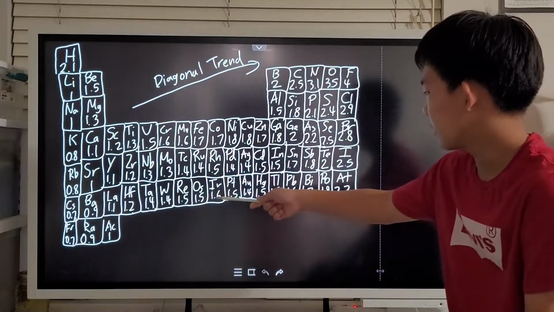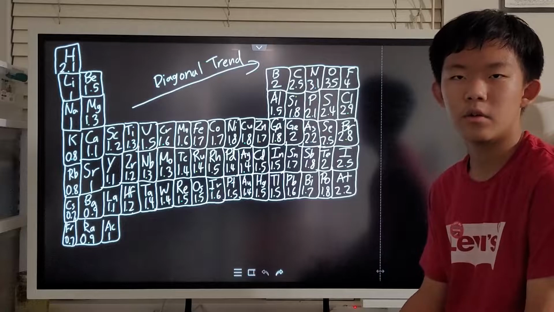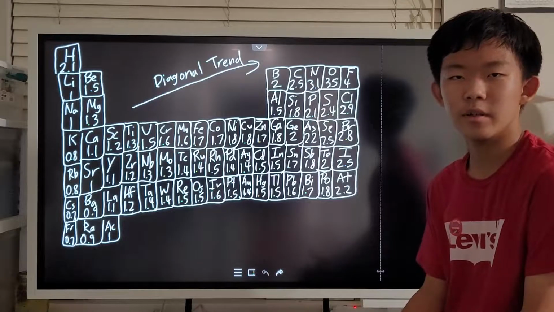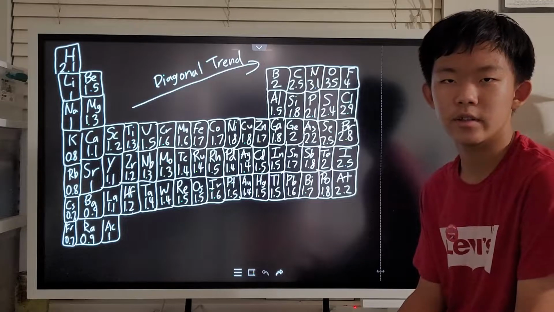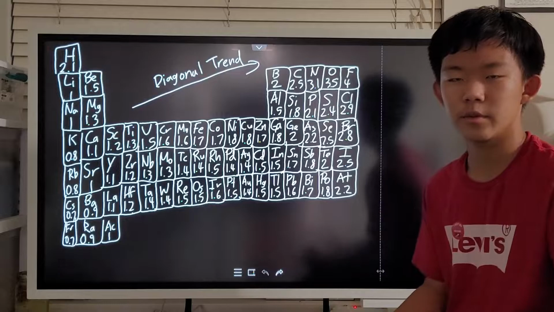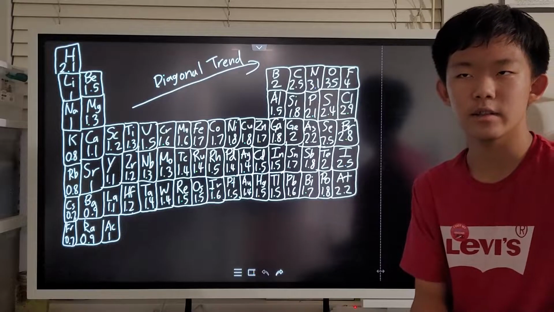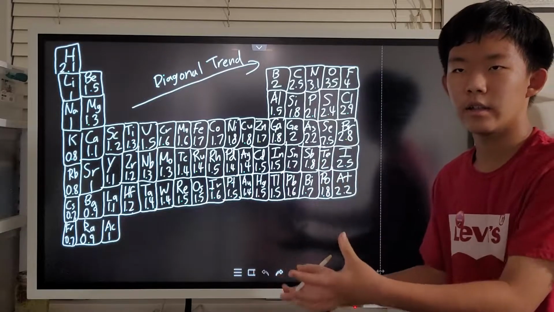These numbers represent the electronegativity, and it's called the Pauling scale. It was developed by a man named Linus Pauling, and it measures electronegativity by number. As the numbers get smaller, the less electronegative they become, and the bigger numbers represent higher electronegativity.